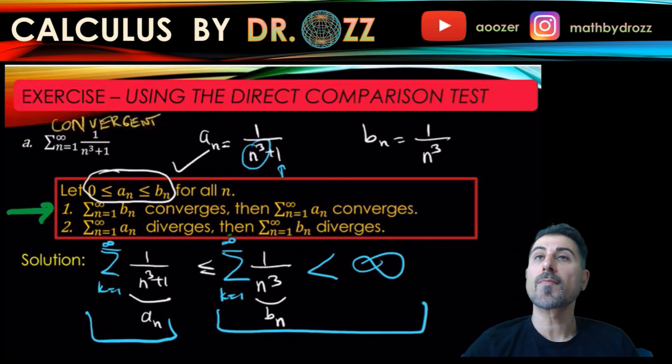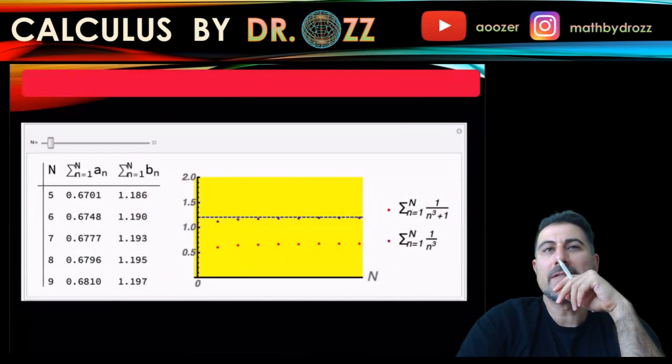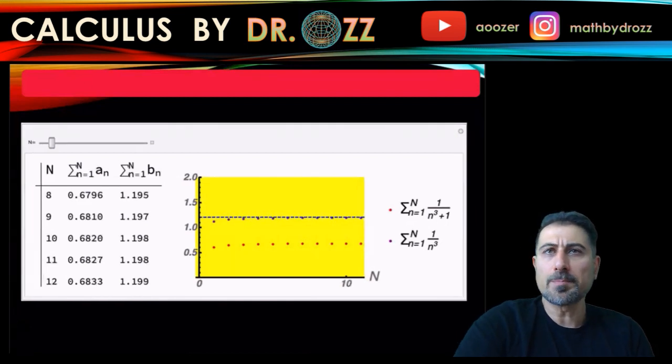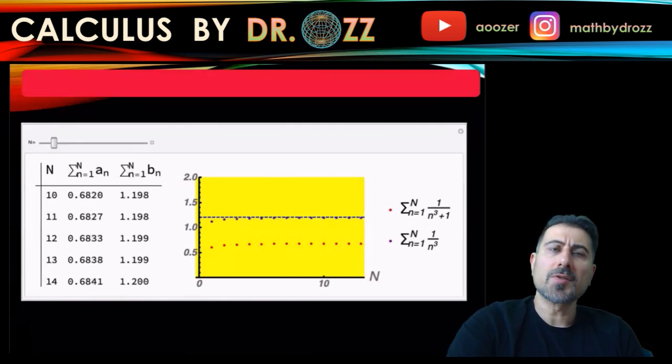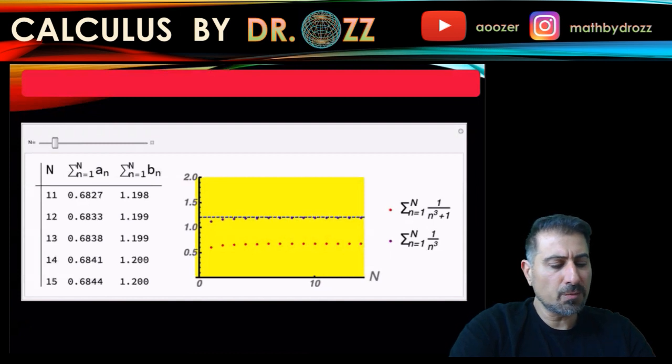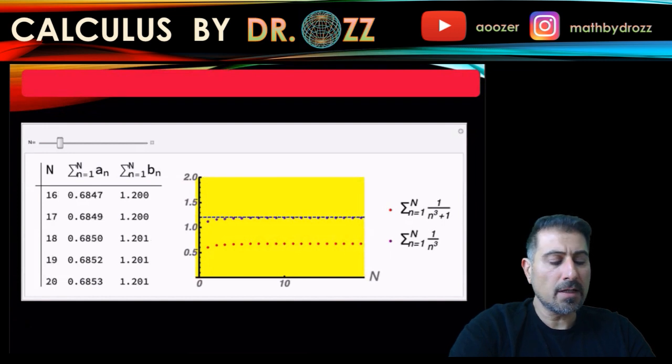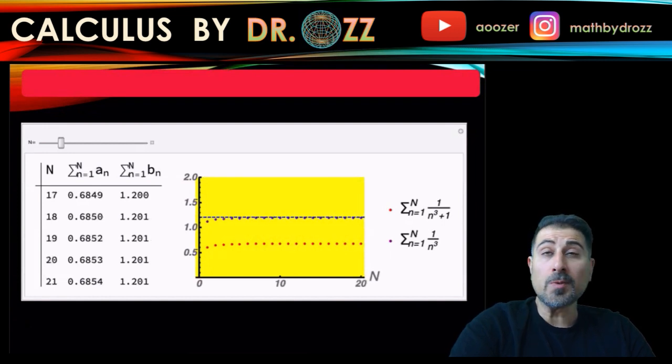At this moment, I'm going to step back and get some visuals for part A and part B. We had two infinite series, 1 over n cubed plus 1 and 1 over n cubed, and we just proved that 1 over n cubed plus 1 is less than 1 over n cubed.